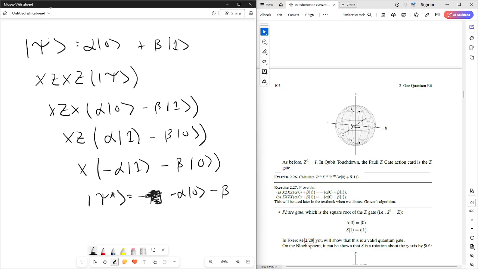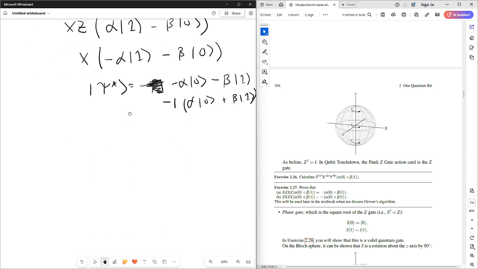We want to show that this is equivalent to minus 1 multiplied by the original superposition. We pull out a negative 1, and voila. We have the original superposition just multiplied by negative 1.